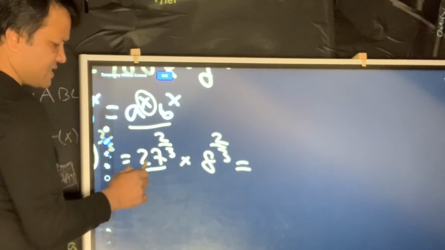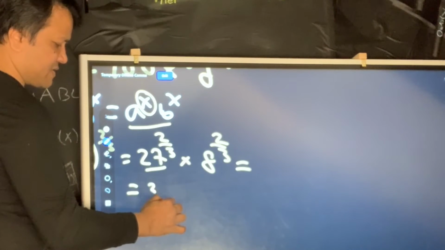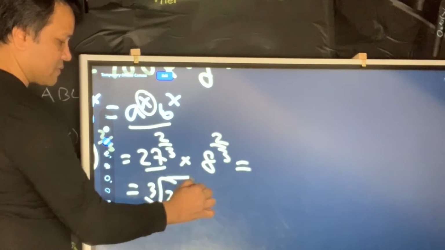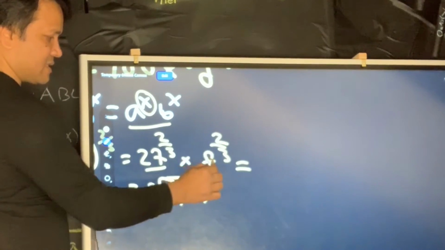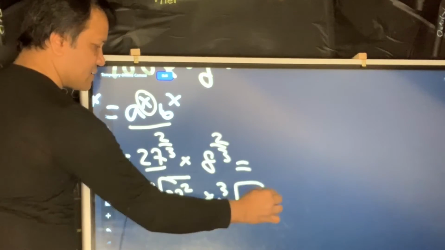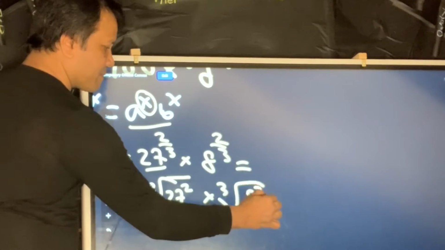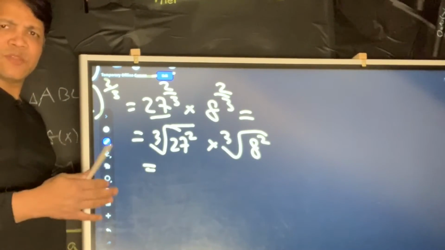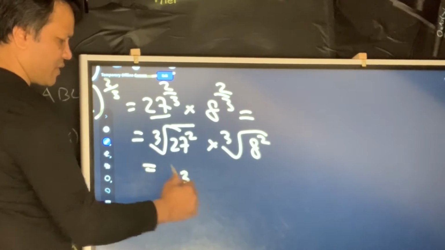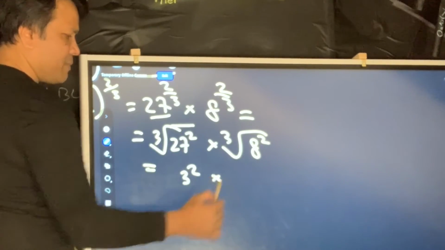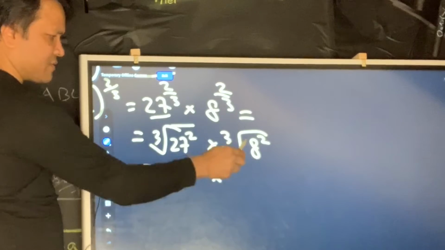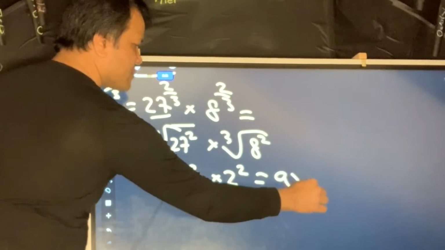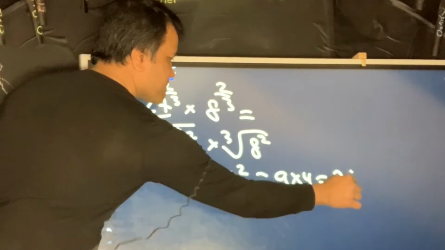This statement can be rewritten as this, and don't forget this is squared. Give me a number which you multiply 3 times and get 27, which is 3, and don't forget the square. Give me a number which you multiply 3 times and get 8, which is 2, and don't forget the square. So you have 9 times 4, which is 36.